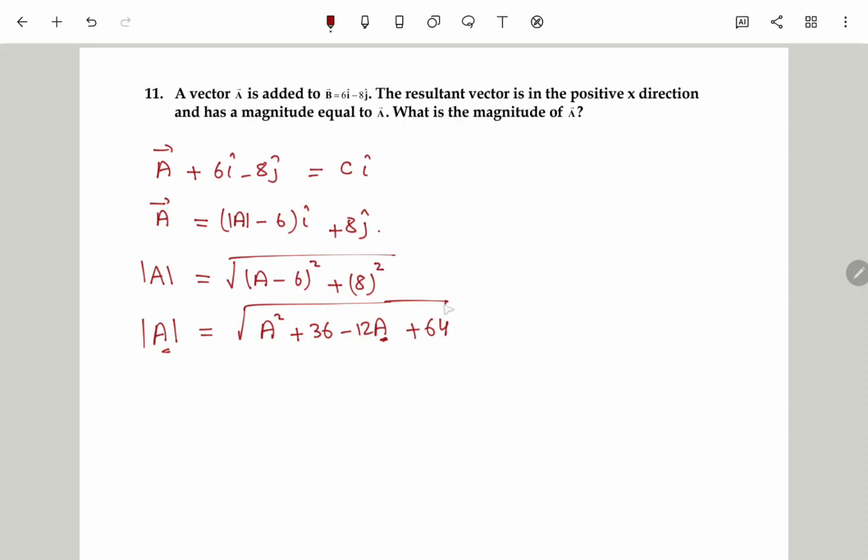Now you square both sides of this equation, you will get A squared equals A squared plus 36 minus 12A plus 64. In other words, this A squared cancels out. 12A equals 100. In this case, A is the same as the magnitude, by the way. Here it's equal to 100 divided by 12, or 8.3.